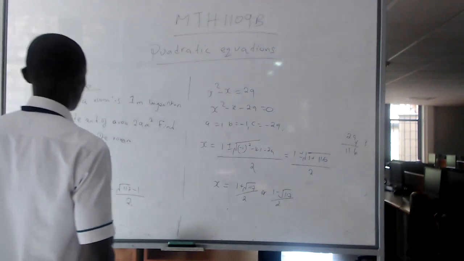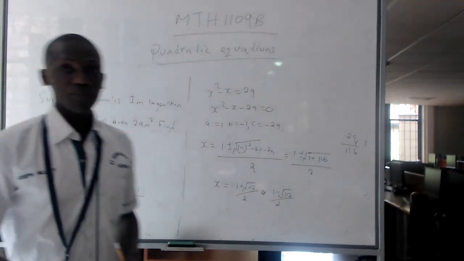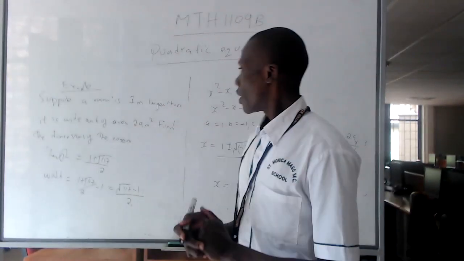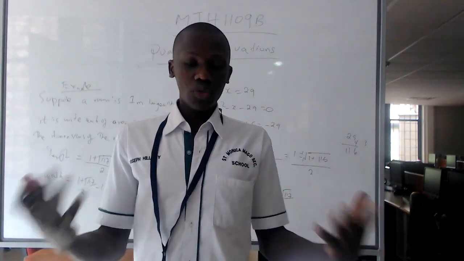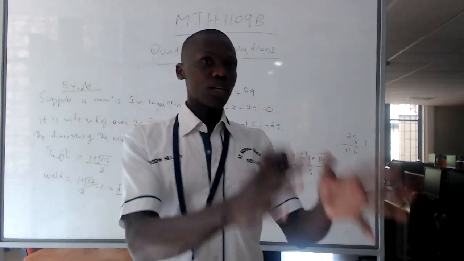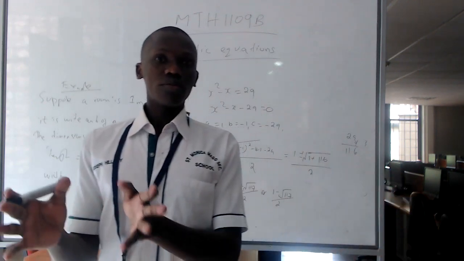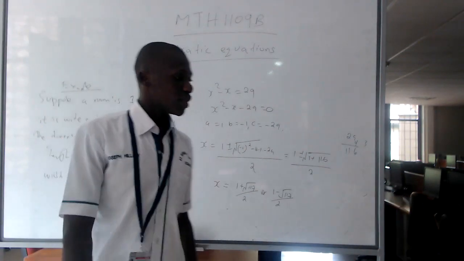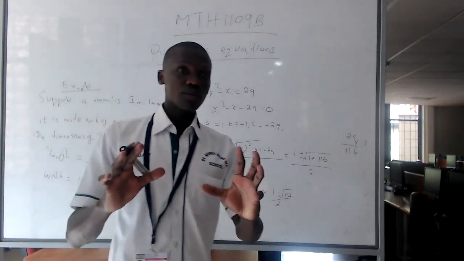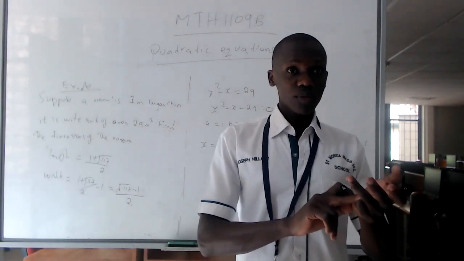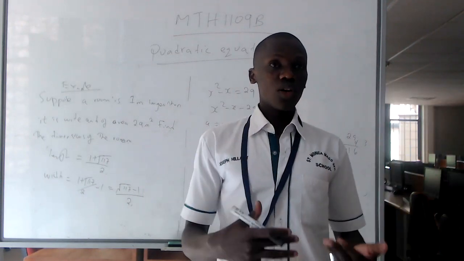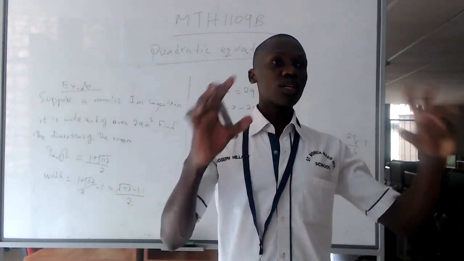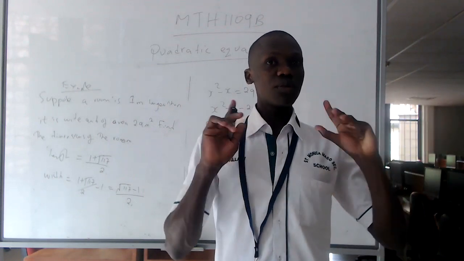That marks the end of the topic quadratic equations. So we have defined a quadratic equation as a polynomial of degree 2. From the expression, when you introduce an equal sign, you get an equation. Then we have looked at 3 methods. The method of factorization: factorize the left-hand side, and then use the property of real numbers that the product of real numbers can only be 0 if one of them is 0.